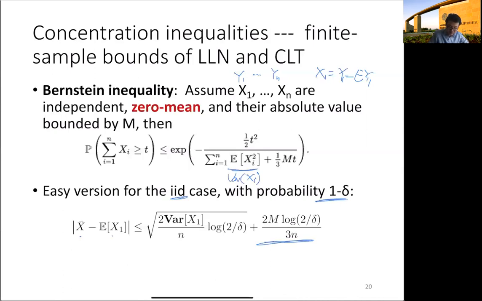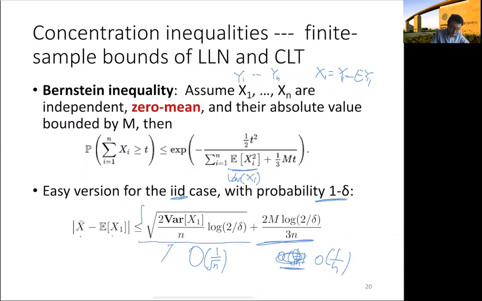Notice that this is big O of 1 over square root of n, and the second term is small o of that, so it becomes negligible. It is big O of 1 over n. So as n gets larger, it really depends only on the term that depends on the variance. This is the same as that of the CLT.